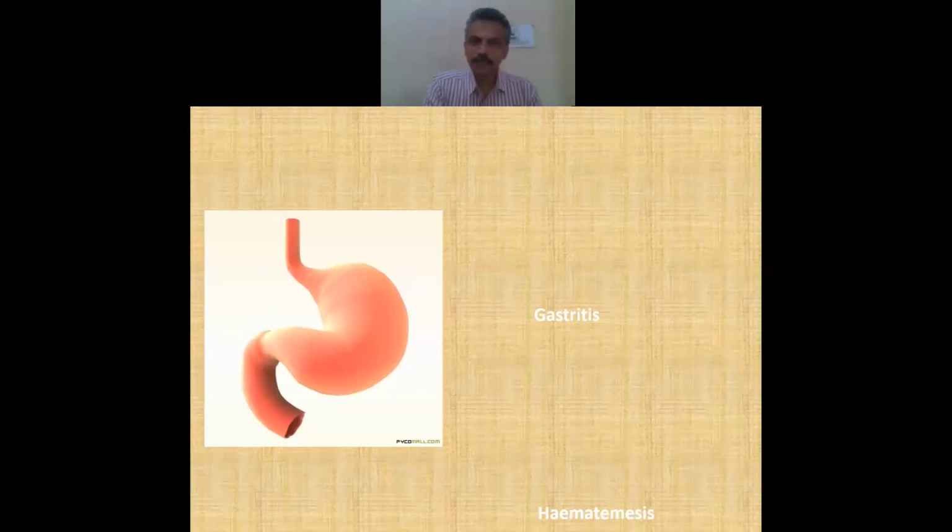So phosphorus acting on the mucous membrane of the GIT, especially the stomach mucosa, can give rise to inflammation. Phosphorus is psoric, phosphorus is sycotic, and phosphorus also has a syphilitic trait. All the three miasms you have in phosphorus. So if they come to you at a psoric state, you can have inflammations.